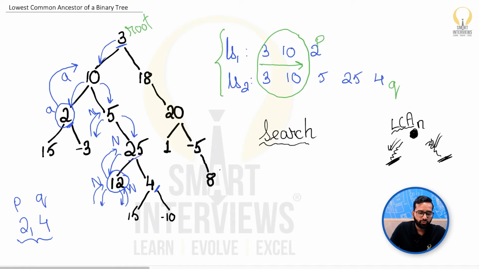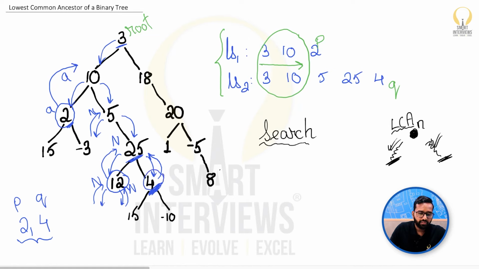Now if you look at the node 25, from the left subtree, we got null. We'll continue our search on the right side. The moment you reach here, it is matching with one of the two nodes P or Q. So from here, we'll return this node itself.